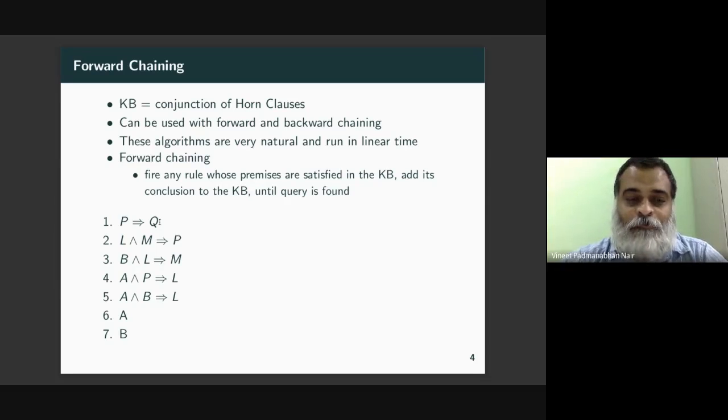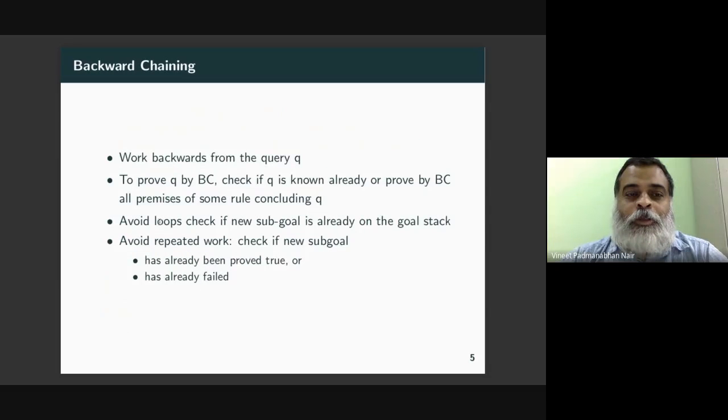Very simple idea. Similarly, you can do the backward chaining procedure also. For backward chaining, work backwards from the query Q, whereas in forward chaining, you work forward from the existing atoms and reach the query.